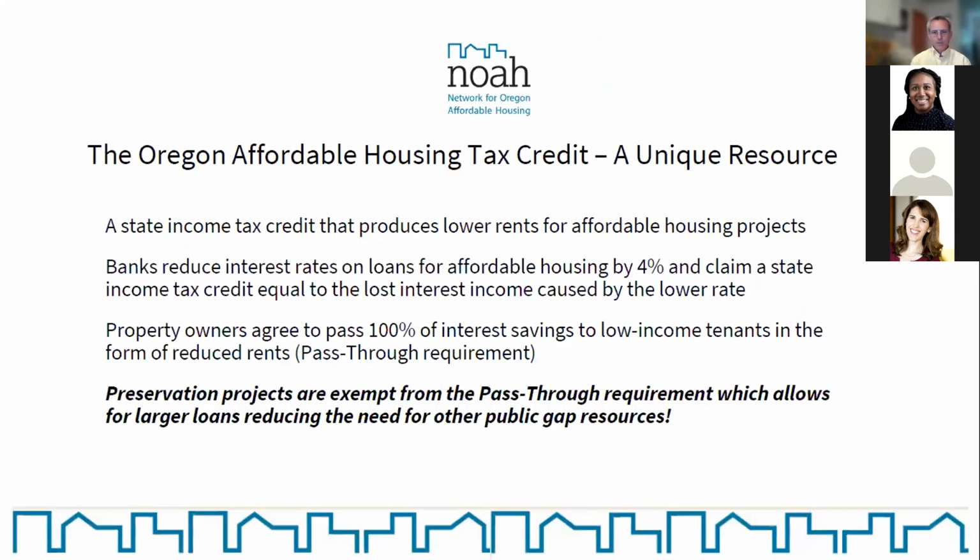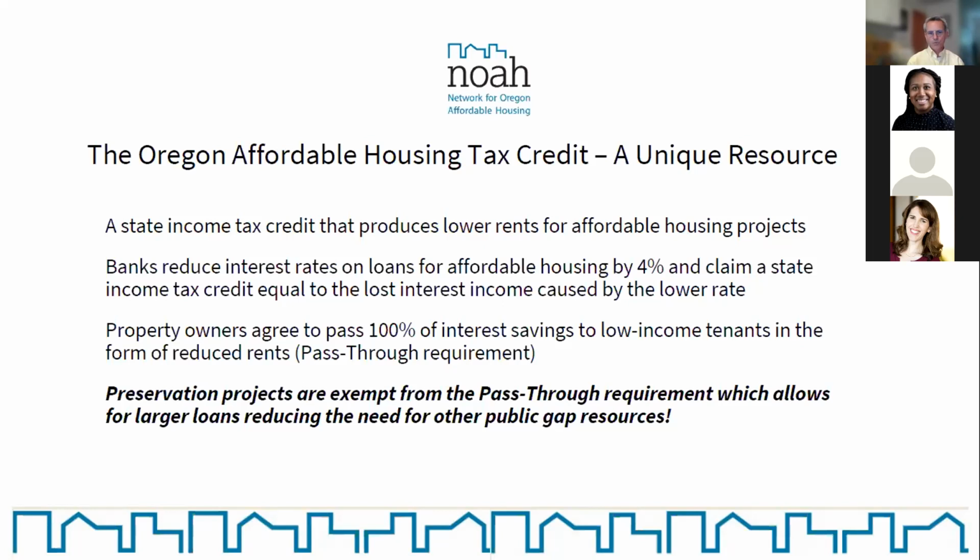Before we jump into the case studies, I just wanted to talk briefly about a unique resource we have here in Oregon. It's called the Oregon Affordable Housing Tax Credit. And, you know, a lot of states have affordable housing tax credits, but ours is unique in that it's not capitalized.